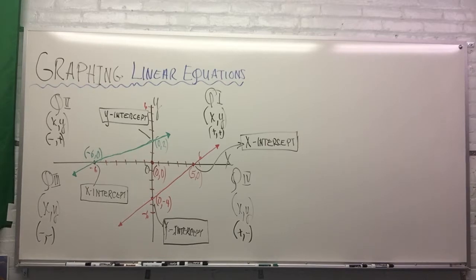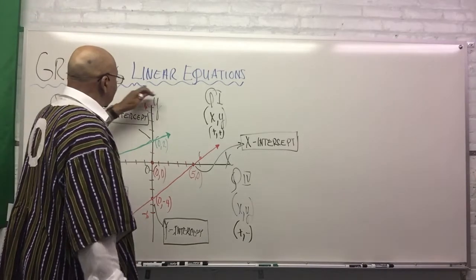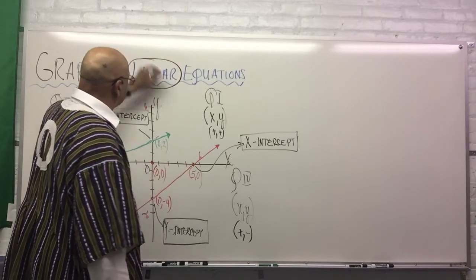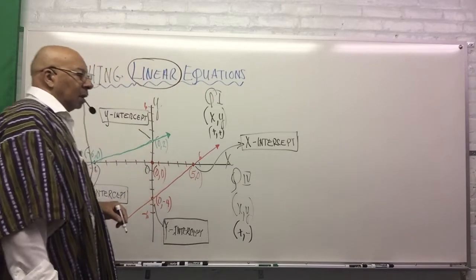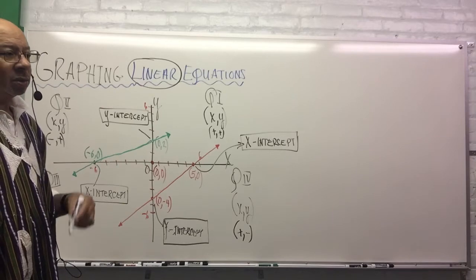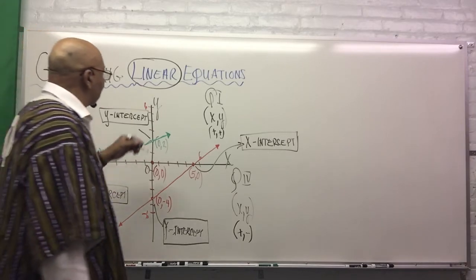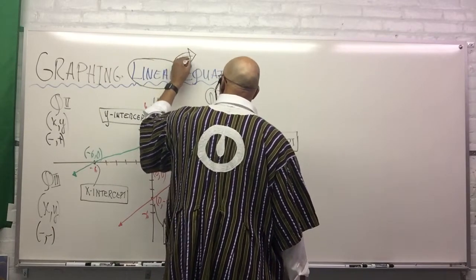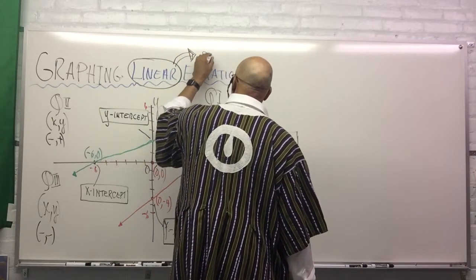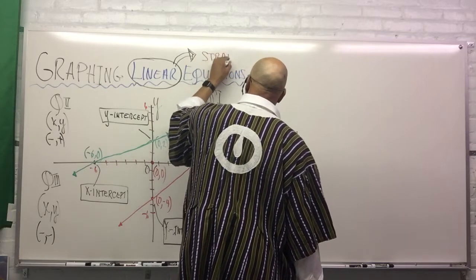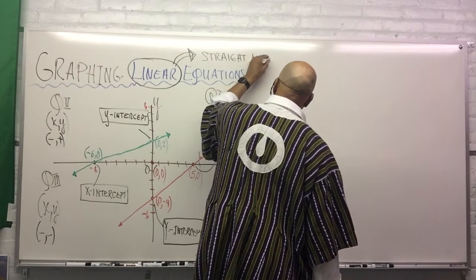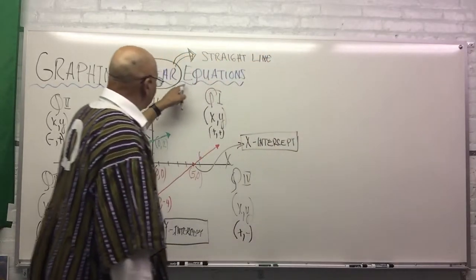So now let's talk about what is the meaning of this word linear. This word linear means a straight line. So linear, straight line. Like here's a line, but it's not linear.